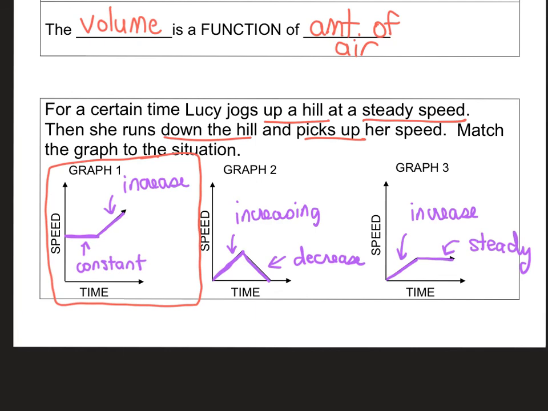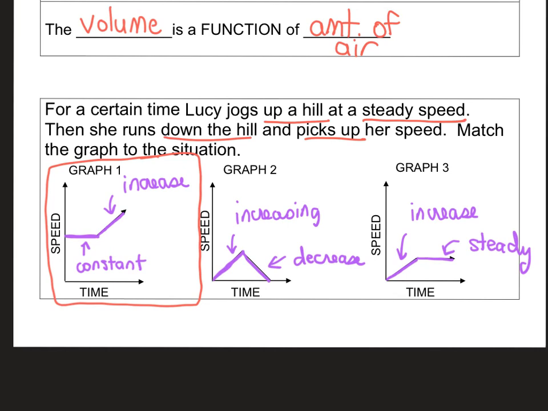Now, it can be a little confusing because a lot of people look at graph 2. Because if you only think of uphill and downhill, you would say, well, she's going uphill, she's going downhill. But remember that the graph is based on speed, not on whether they're traveling uphill or downhill.